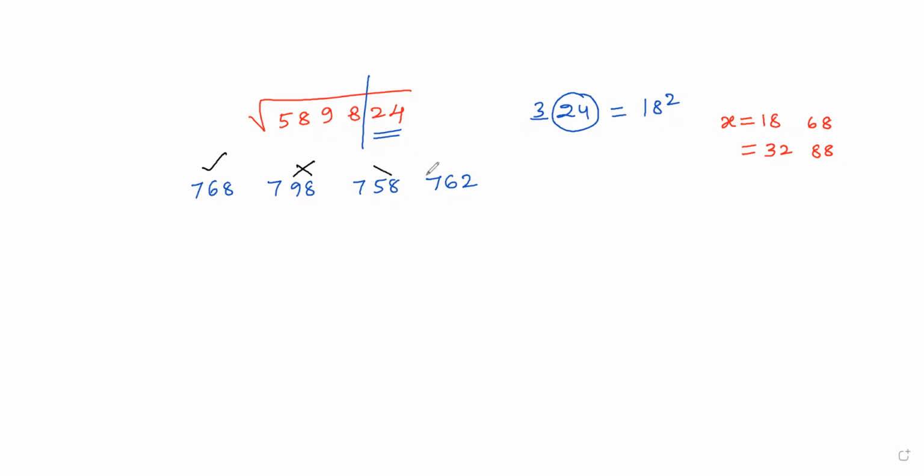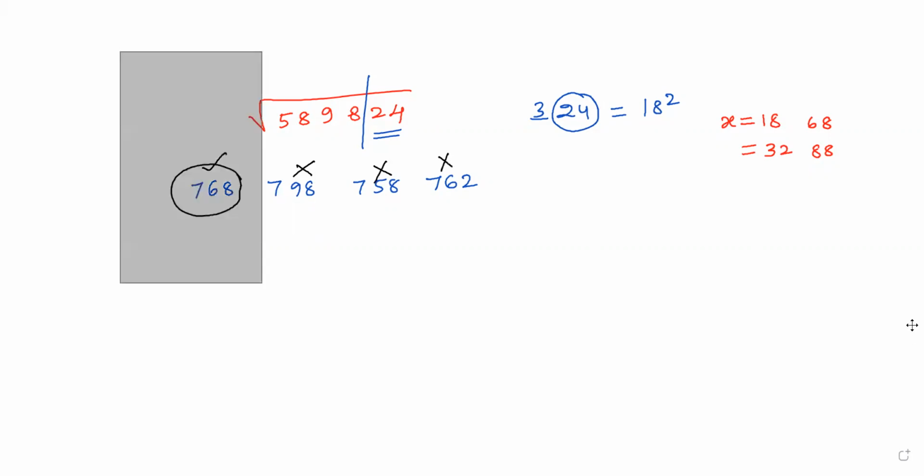No. 58? No. 62? No. So only one option is there. That is the reason we can say that 768 will be our final answer. Is it clear? So in this way, we can check our square roots.